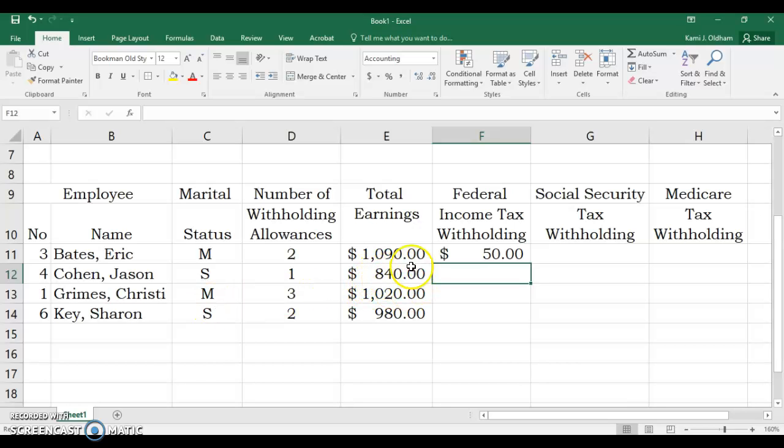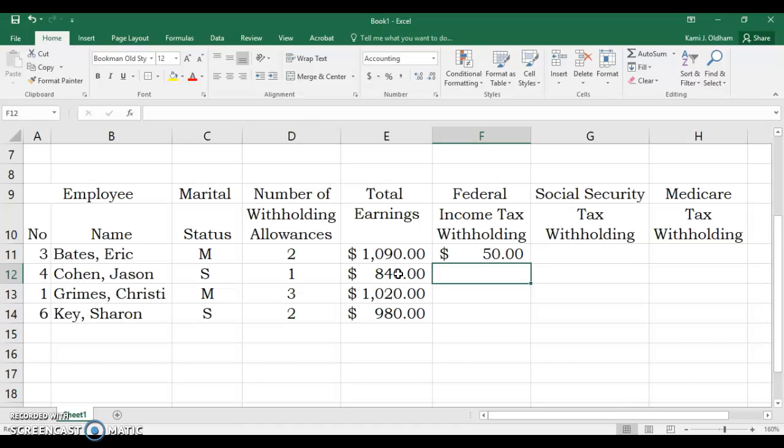I find their wages falling in between the categories or in between the range, and then I look for their allowances. So for Jason, I'd actually switch to the other page. I find 840, and it's going to fall into, now this one's a tricky one.